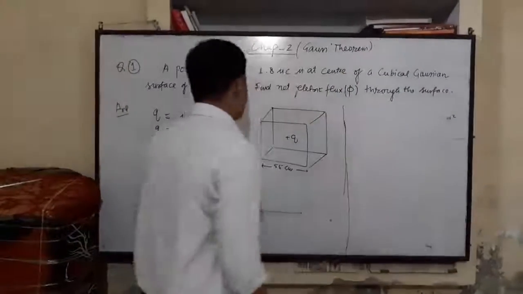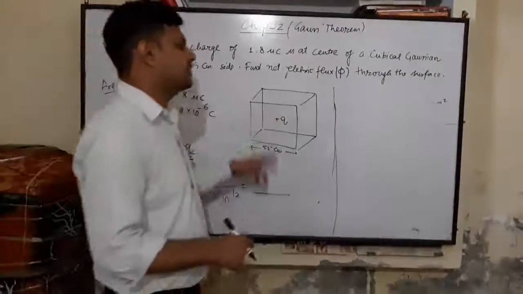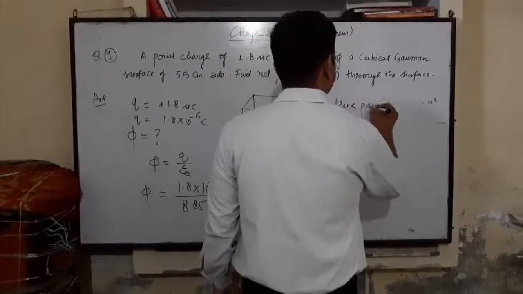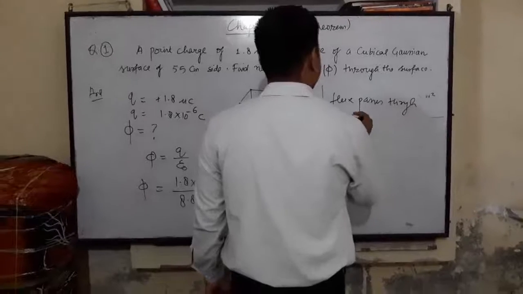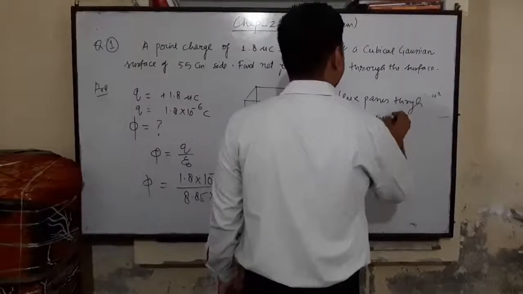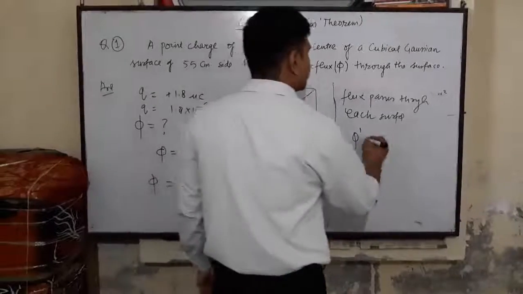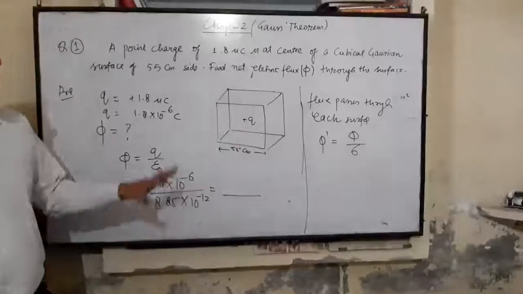But if we want to find the flux passing through each surface, only one surface, let's say phi dash will be phi upon 6. This cube has 6 faces.